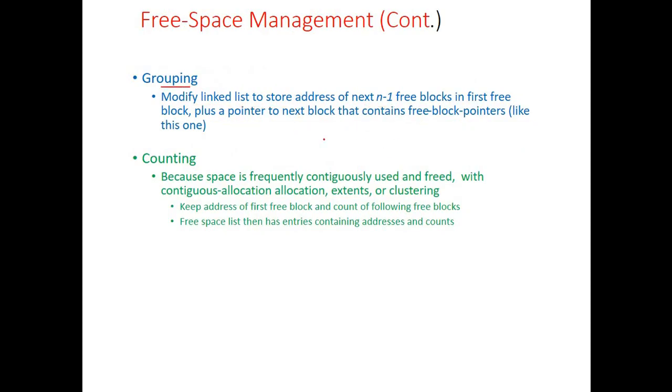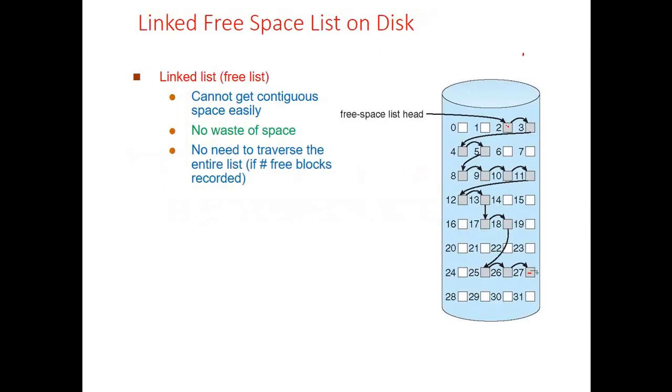Grouping is another method for free space management in the disk. It will maintain a linked list to store the addresses of the next n-1 free blocks in the first free block, and it also maintains a pointer to the next free block that contains the free block pointers. You see here, block number 2 is free.